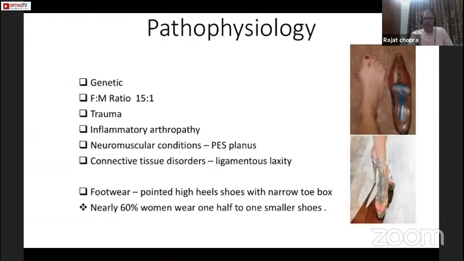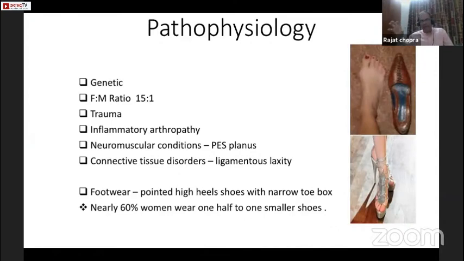Now, why does this happen? We don't know. Many times you will see that it is genetic. Females have a 15:1 ratio. You can get it because of trauma also. But the other conditions that can lead to hallux valgus are inflammatory, neuromuscular, and connective tissue disorders, so you have to look into that also.